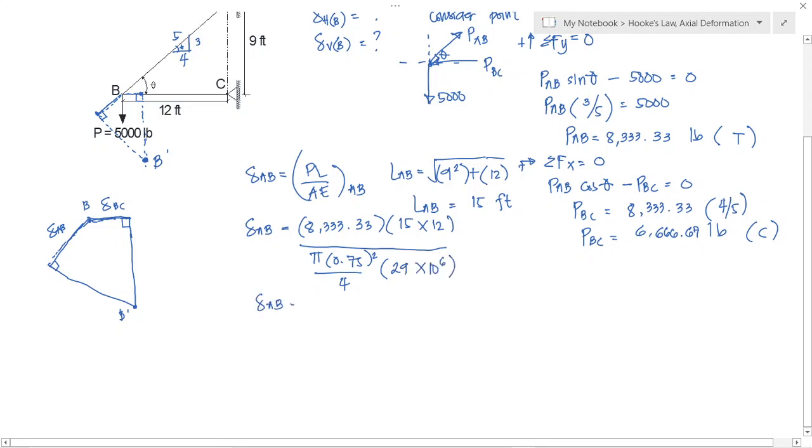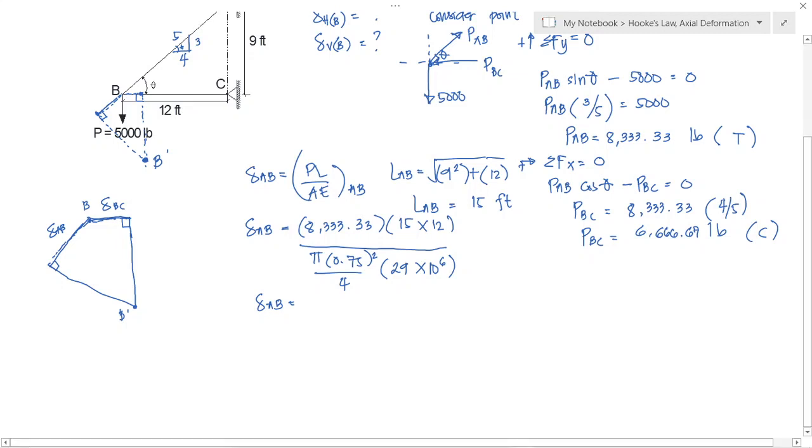So delta AB natin is equivalent to, kindly calculate, PAB multiplied by 15 by 12 by 4 divided by pi divided by 0.75 squared divided by 29 times 10 raised to 6.